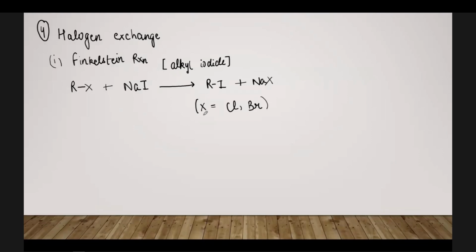So what happens is that whenever we are taking Cl or Br, we will get NaCl or NaBr. These are the precipitates. These are formed as a precipitate in the reaction, and they favor the forward reaction according to Le Chatelier's principle. Le Chatelier's principle is only applicable when the equilibrium has already been reached. If equilibrium is not there and we increase or decrease something, then it will not be applicable.